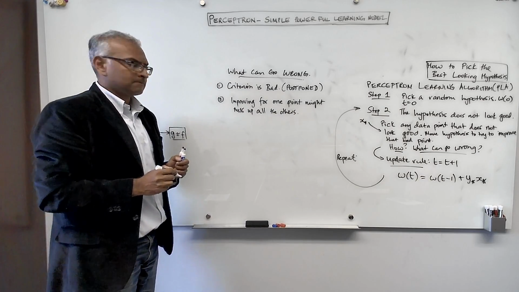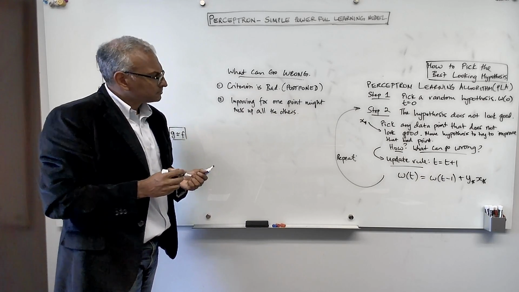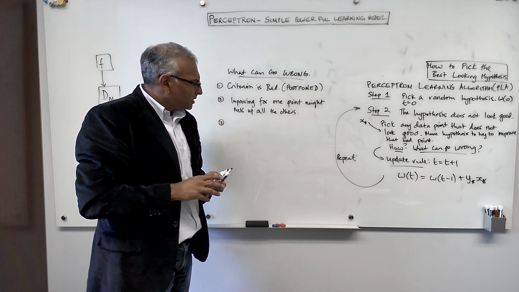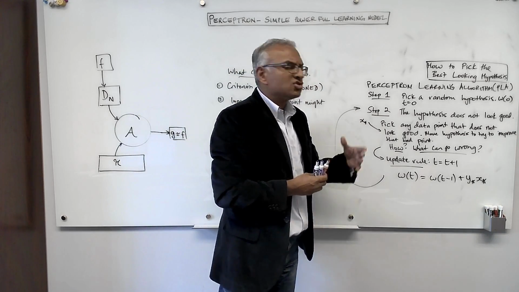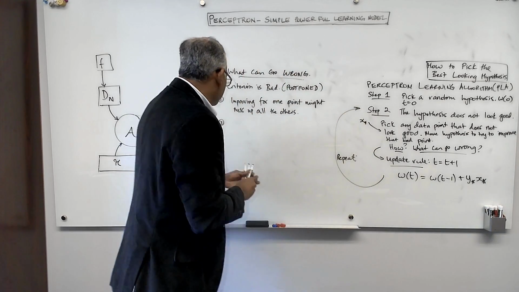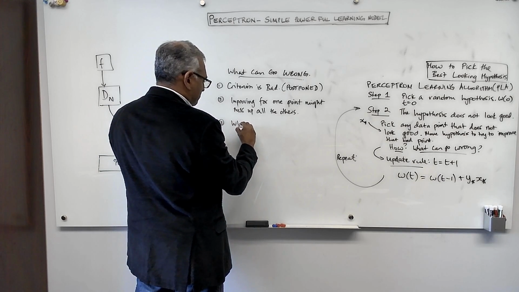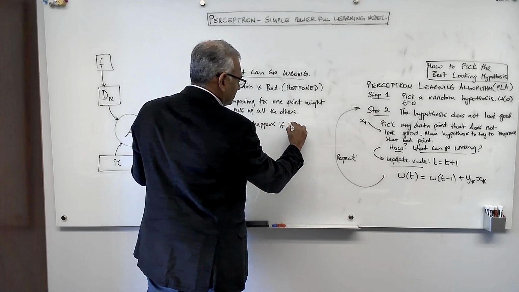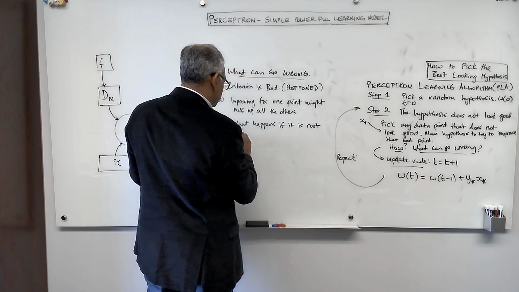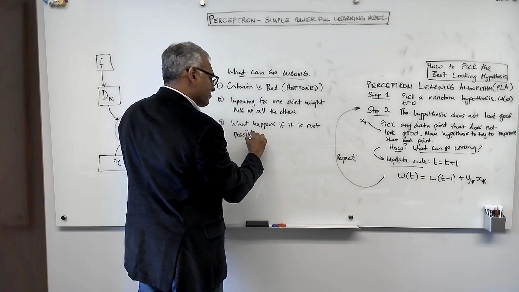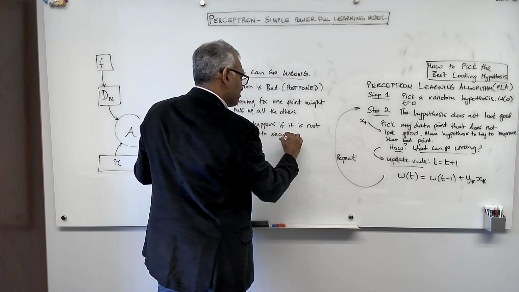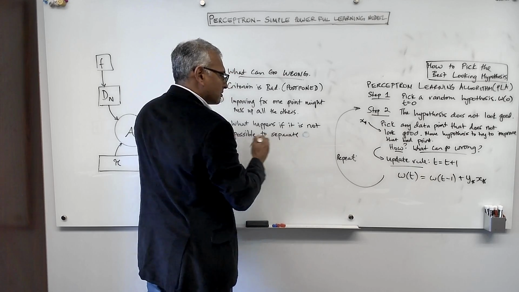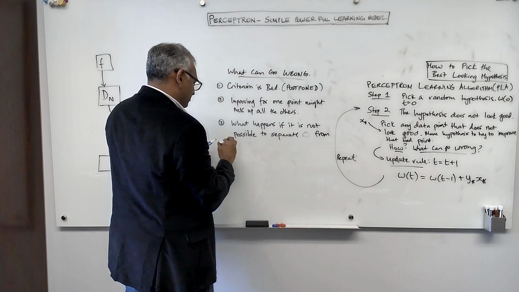And the third thing that can go wrong is what happens if the data is not separable. So what happens if it is not possible to separate the blue zeros from the red x's?